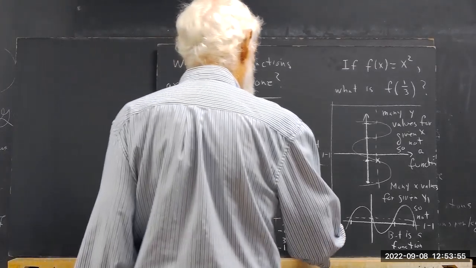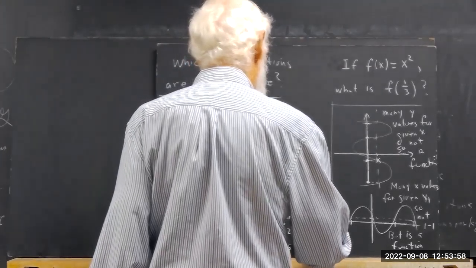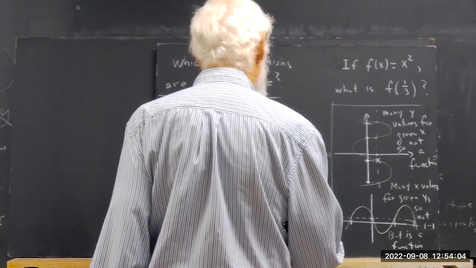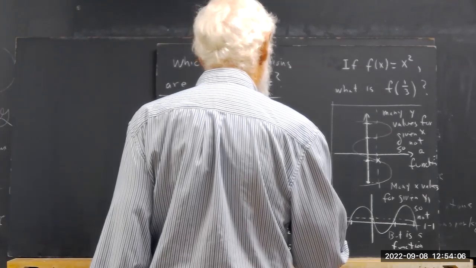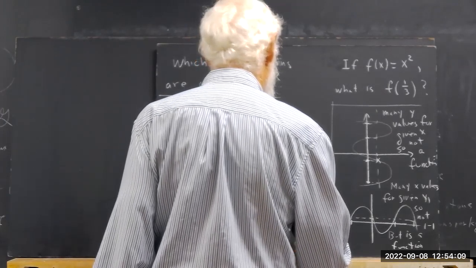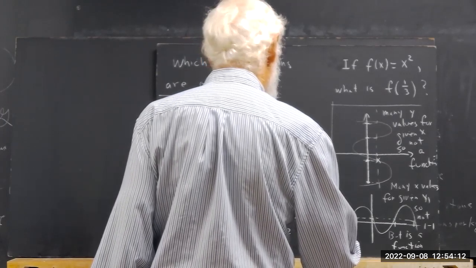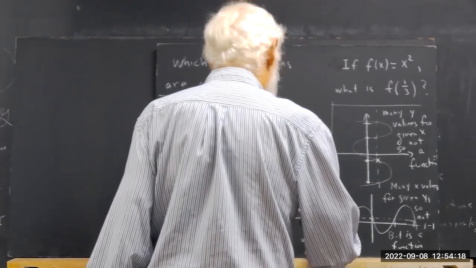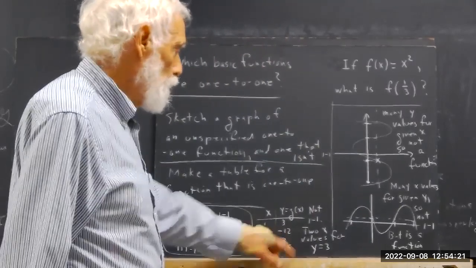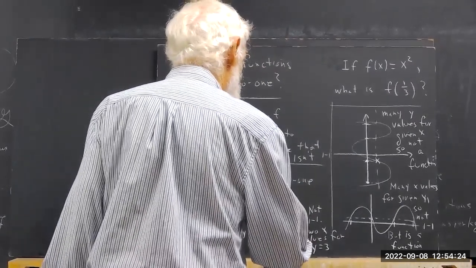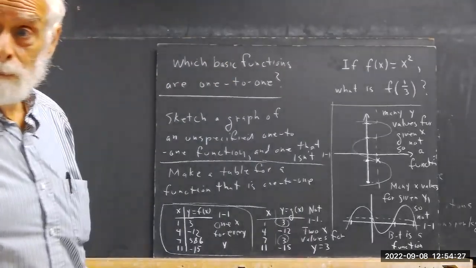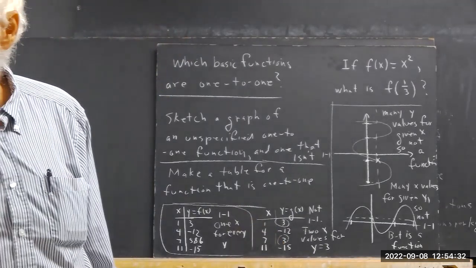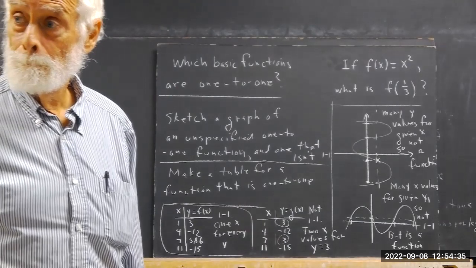It's not one-to-one. We've got two x values for y equals 3. Still a function, because all our x values are different. It's not one-to-one. Make sense? Okay, good.